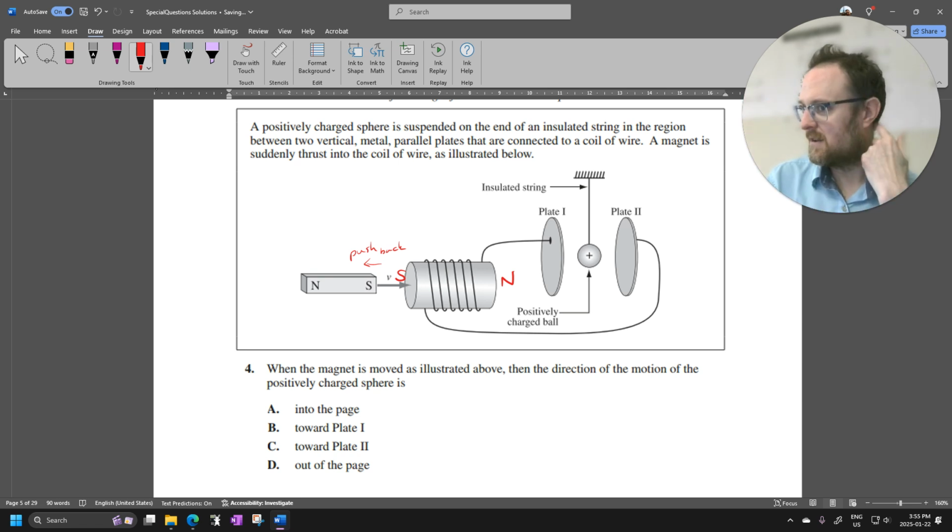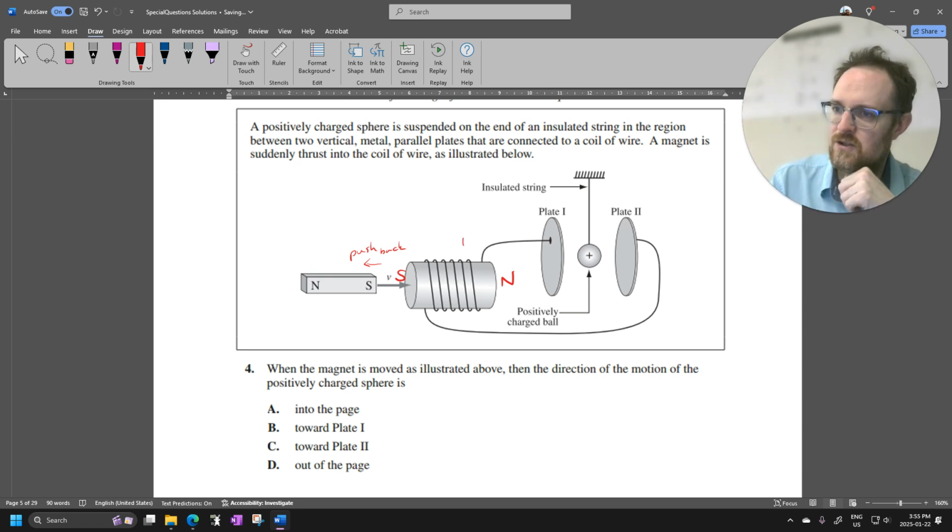I'm going to put my thumb in the direction of the north. And then my fingers, this is the back of my hand this time, right? So my fingers are going to go the other direction, right? So my fingers are that way, and this is the north side.